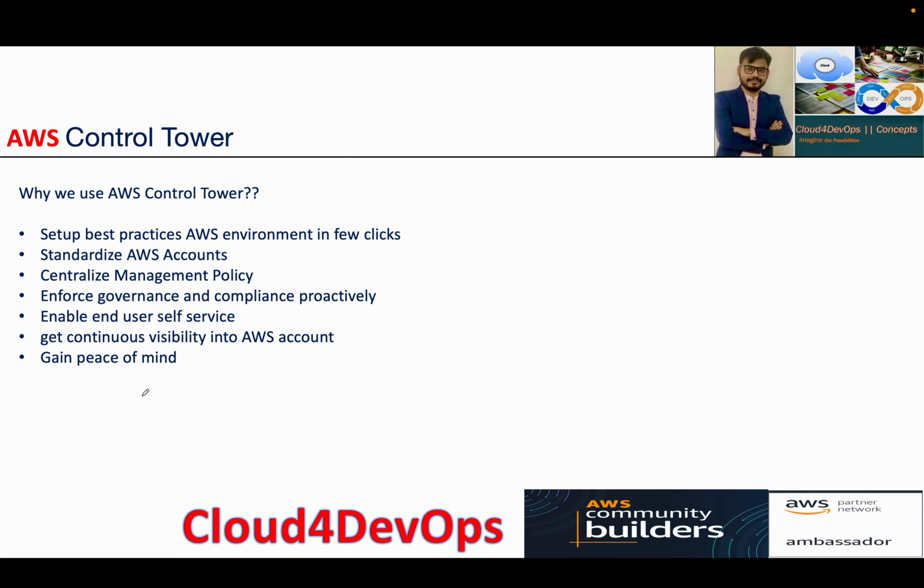So that is why Control Tower comes into the picture, where it helps us align compliance and security with the best practices AWS provides, along with organizing your OU structure.